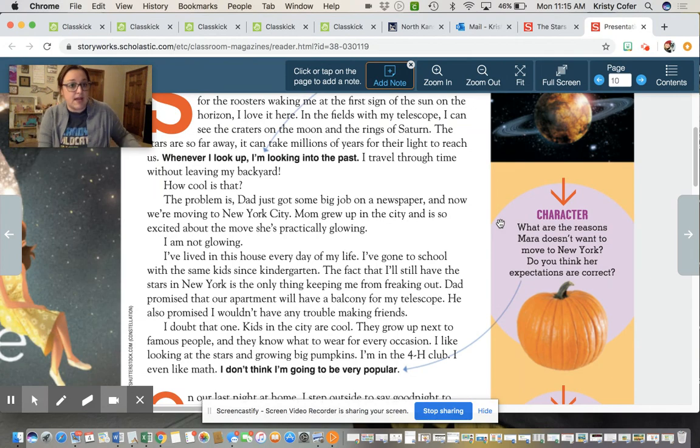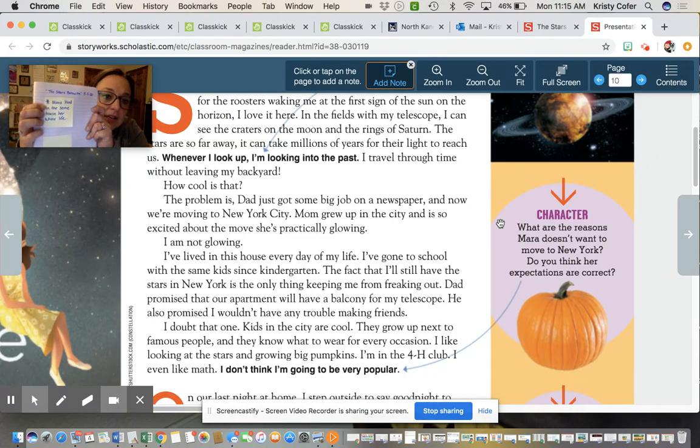All right, so let's stop and let's code some of our thinking. So I have my reader's notebook here. The first thing I wrote down is the date and the title of my story. And I put an asterisk because it was an important part when Mara shared, and we haven't learned her name, but that's her name, when Mara shared that she's lived in the same house her whole life. She has not moved. She has not gone anywhere. So I think that that's an important part.